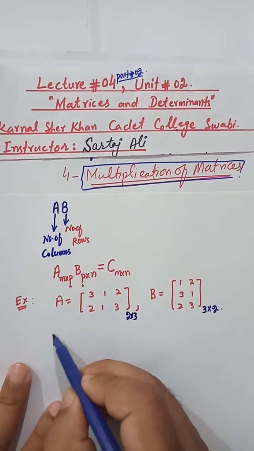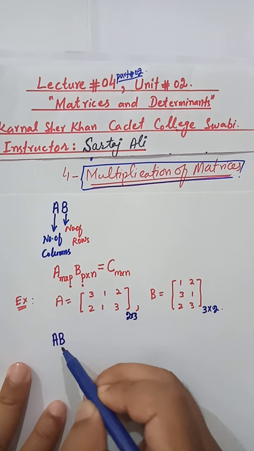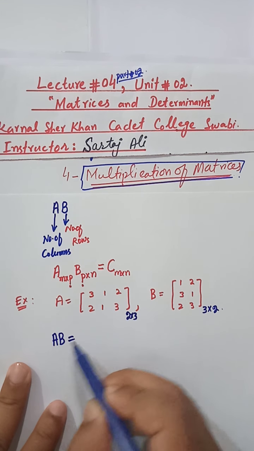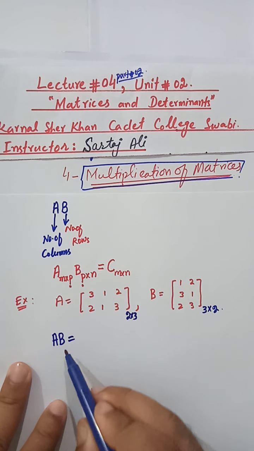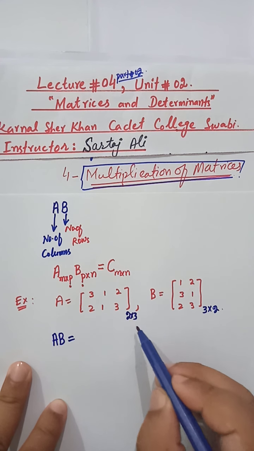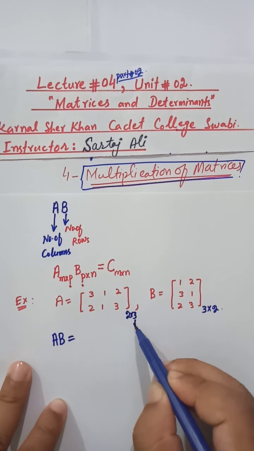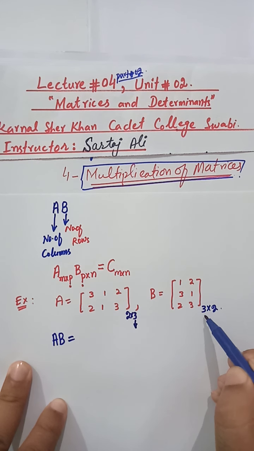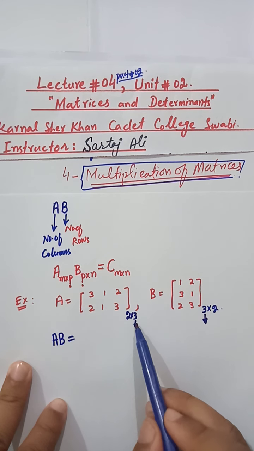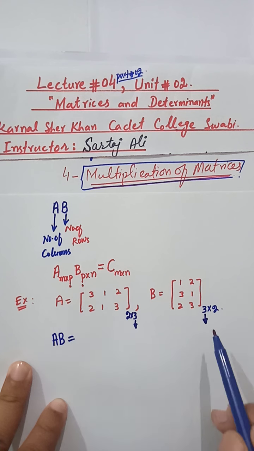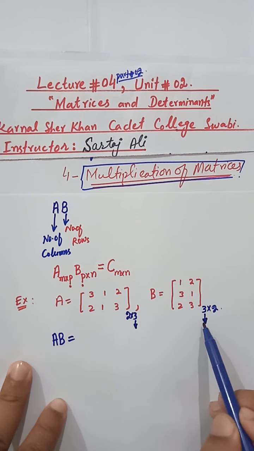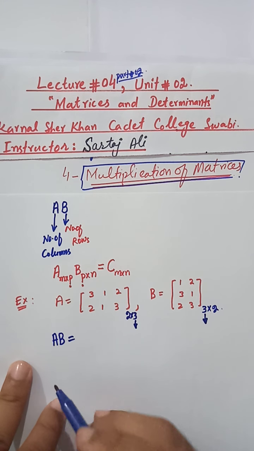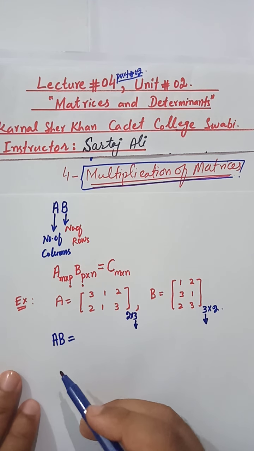If you need to perform the product of A with B, A is the first matrix and B is the second matrix. In the first matrix there are 3 columns, and in the second matrix there are 3 rows. So the number of columns of the first matrix is equal to the number of rows of the second matrix, and the product of these two matrices is possible.